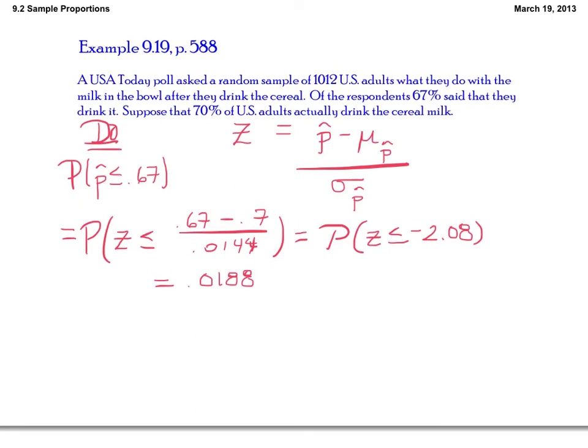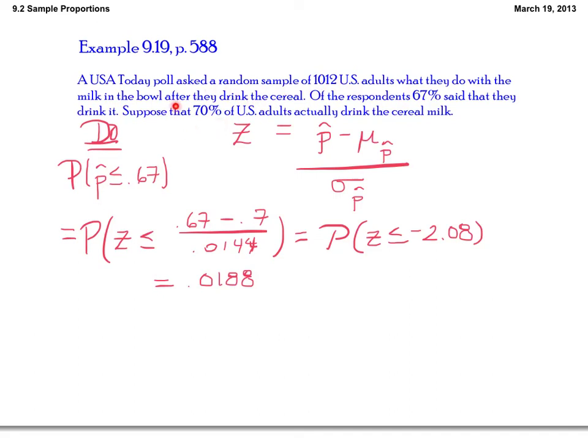And so now the question of whether or not this is unusual. This is a line of thinking that we have to follow. Remember, the assumption is that 70% of U.S. adults actually drink the milk. We took a sample of 1,012, and this was a random sample. So assuming randomness and chance are at work, only 67% said they drink the milk. Obviously, there's a difference between this 0.7 and this 0.67. But is it a statistically significant difference?